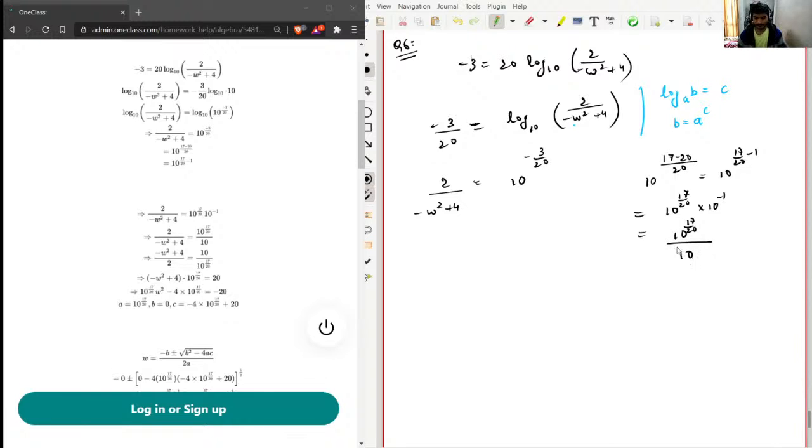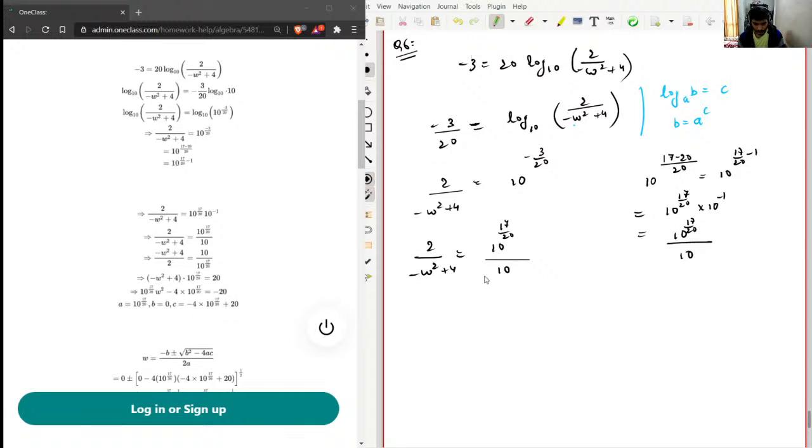So I'll substitute this in this equation. I'll get 2 over minus w square plus 4 is 10 power 17 over 20 over 10. Now I'll do the cross multiplication for both the sides.